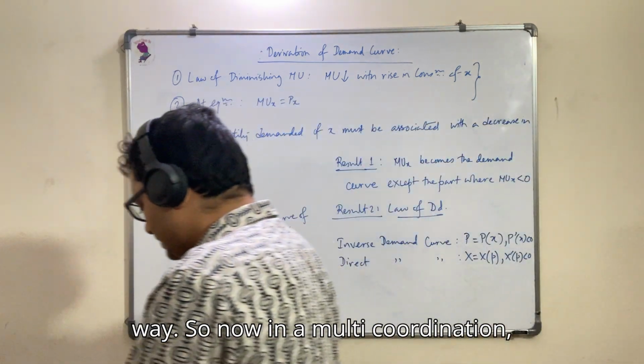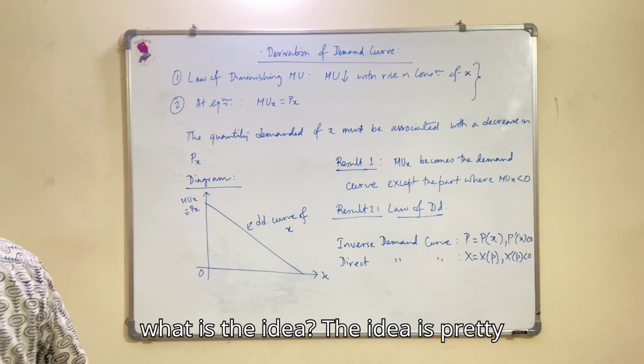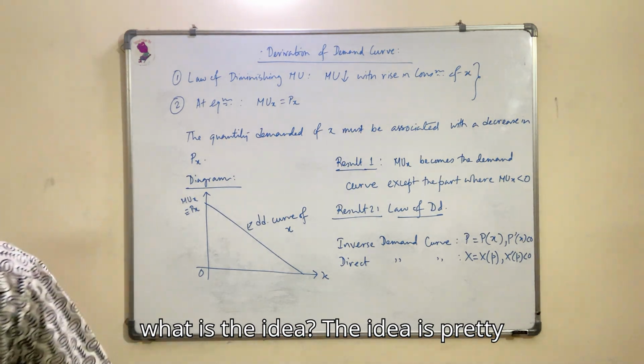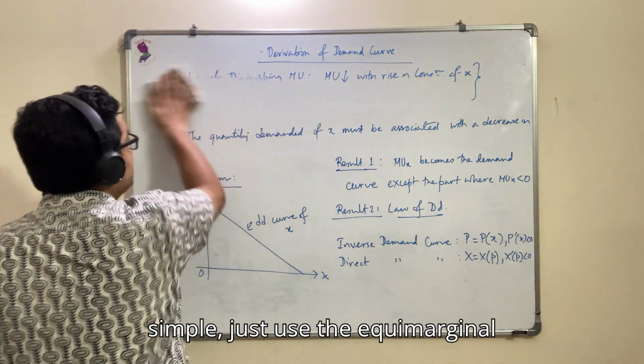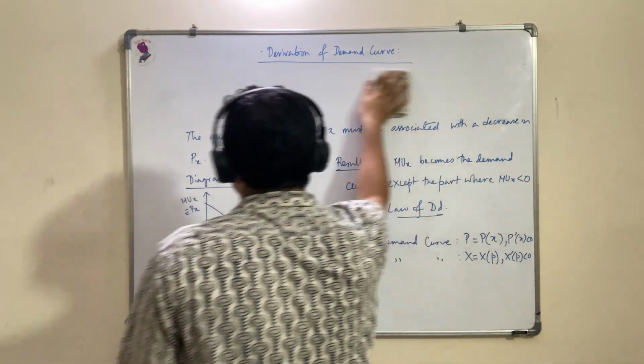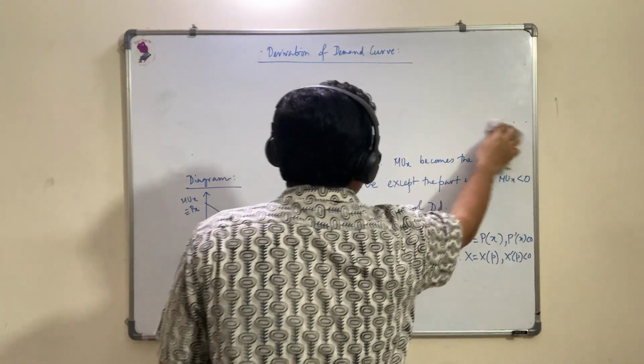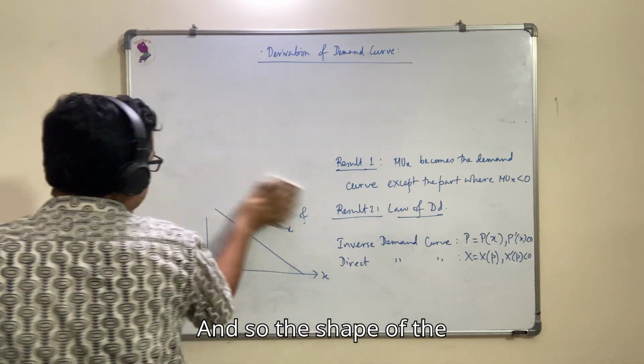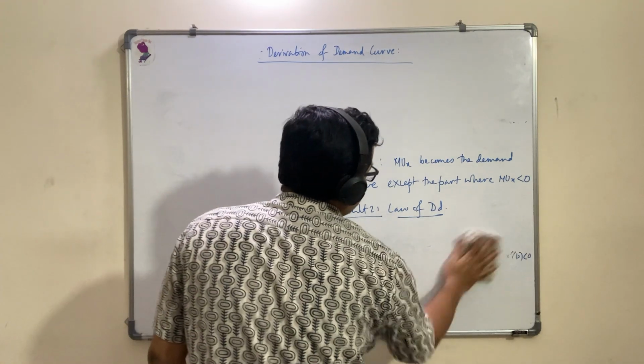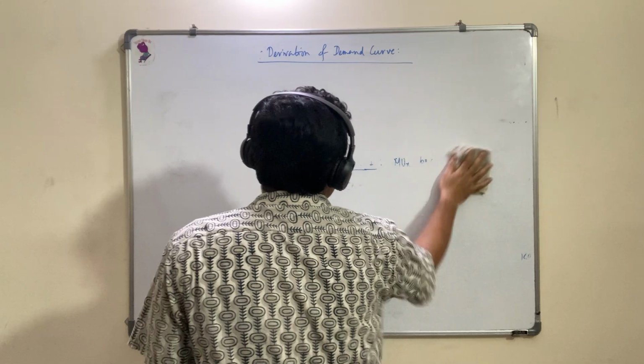Okay. So now in a multi-commodity setup, what is the idea? The idea is pretty simple. Just use the Equi-marginal principle and show the shape of the demand curve. That's it. Okay.